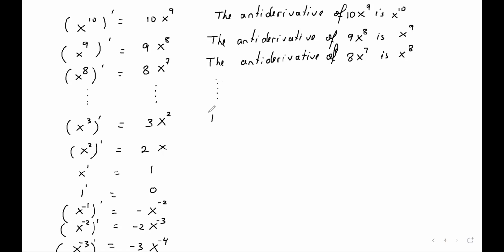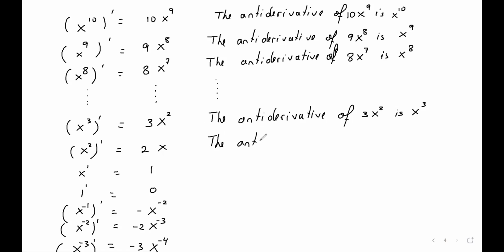The antiderivative of 3x squared is x cubed. And over here, I'm going to write antiderivatives next to each of these things.